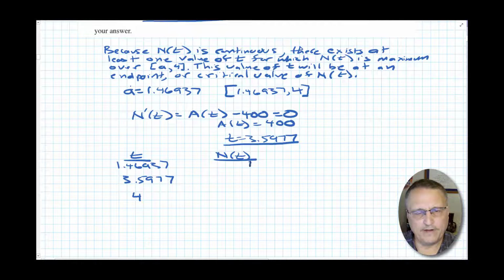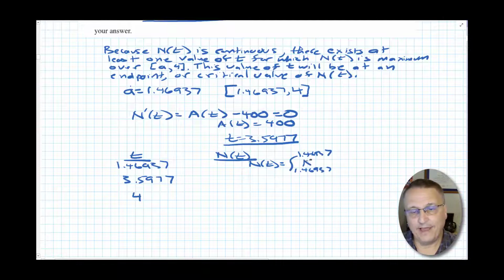So if I'm going to find the number of vehicles in line, I would be integrating from 1.46937 to 1.46937. And that would be the integral of a of t minus 400 dt. Well, that's obviously 0 because I'm integrating from one value to the same value, so that is a 0.